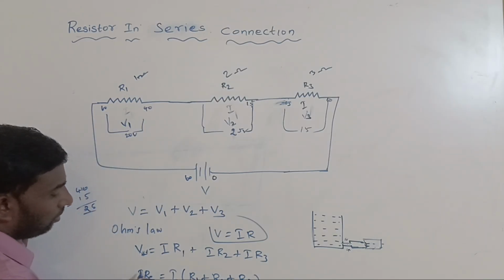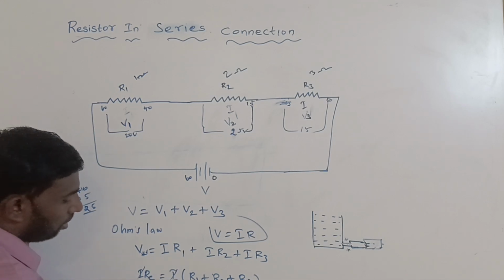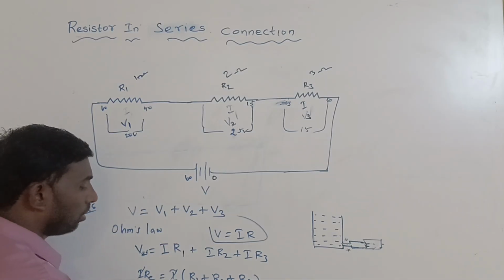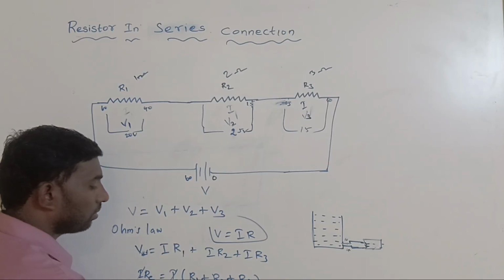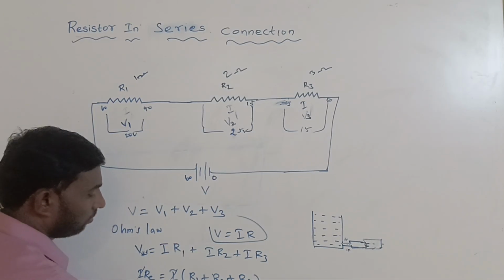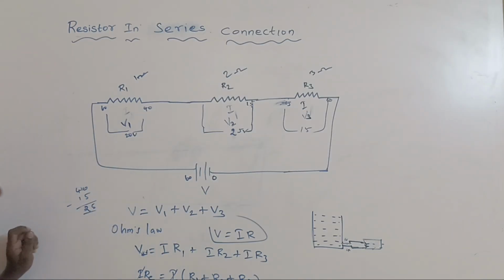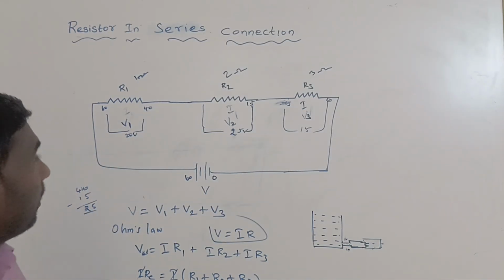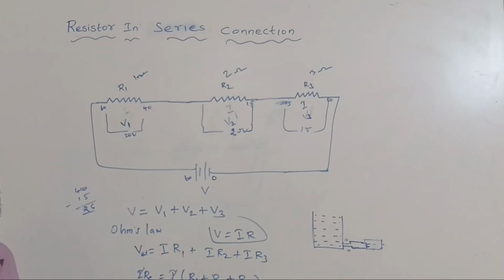So I cancels from here to here. So R effective equal to R1 plus R2 plus R3. So this is the resistor in series connection.